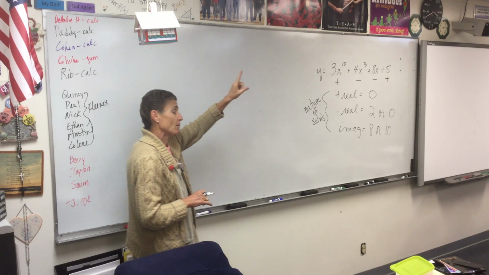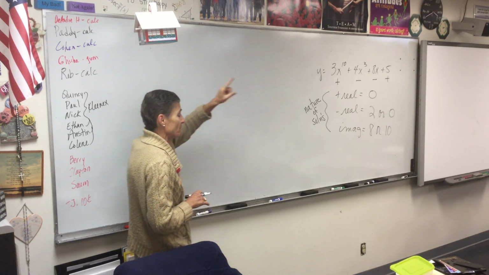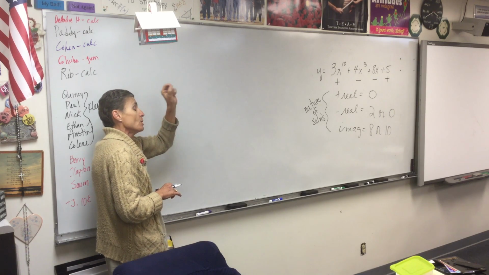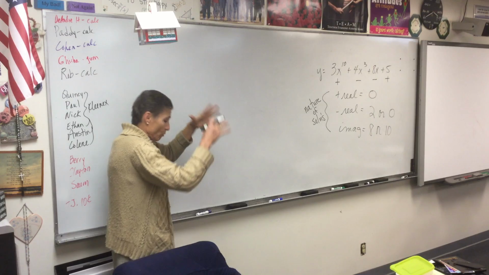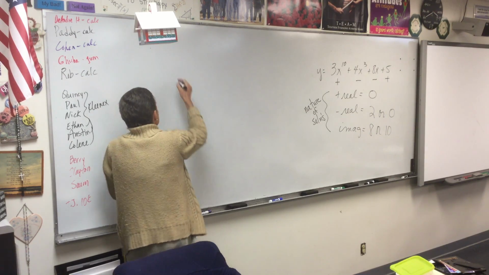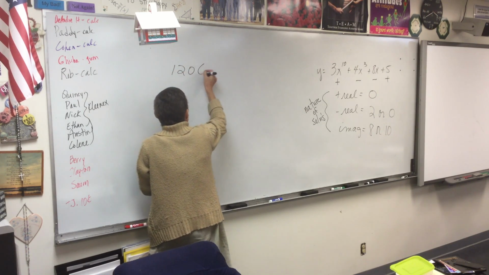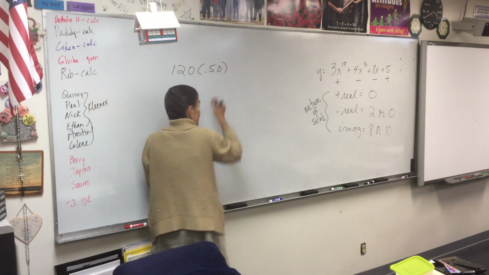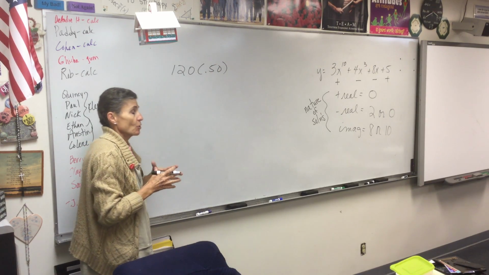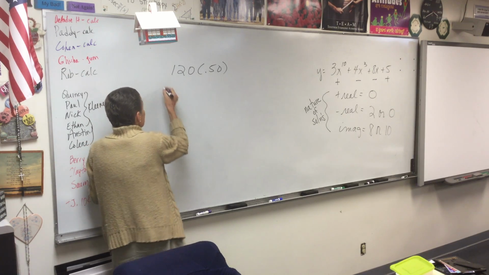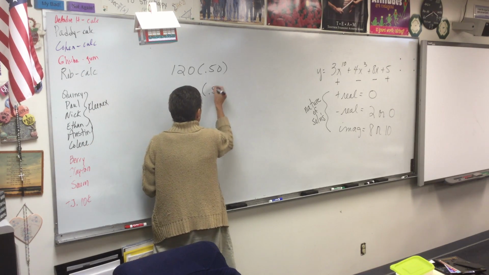So let's talk about the cookie problem. I don't remember the specifics, but I'm sure you can remind me. Right now, she is selling 120 cookies for 50 cents each, right? But she's going to make some changes. So what are the changes? Well, she's going to raise her price.